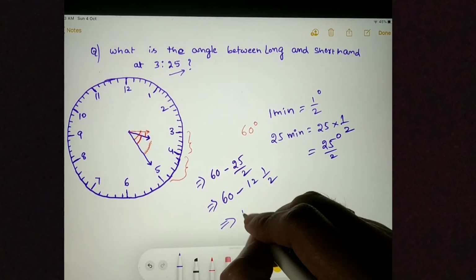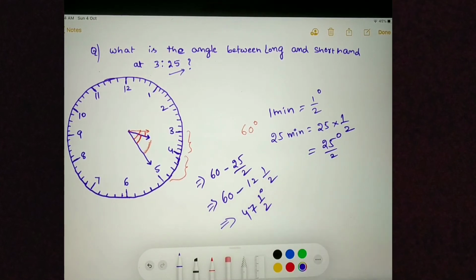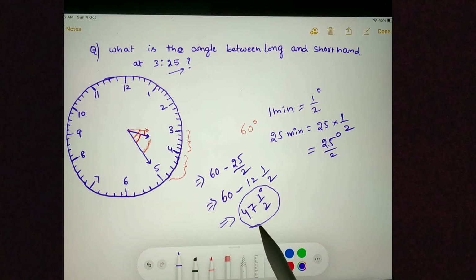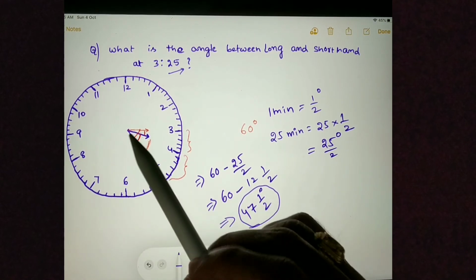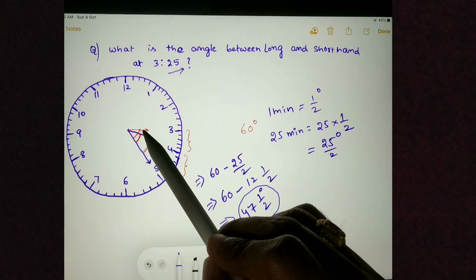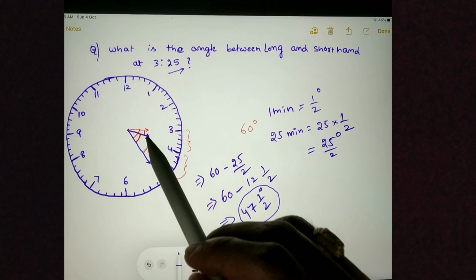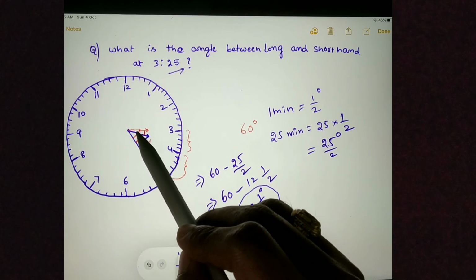So the final value is 47 and a half degrees. How did we get 47 and a half degrees? Because the total angle is 60 degrees and we know that this angle is 25 by 2 degrees and we want this angle. We need to subtract this angle from this.